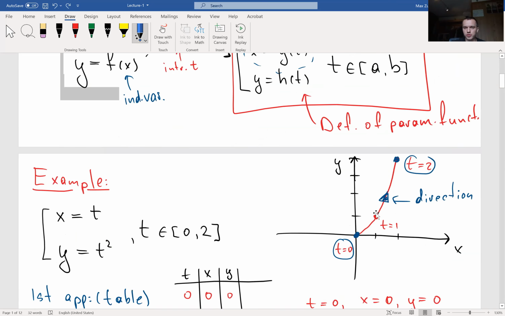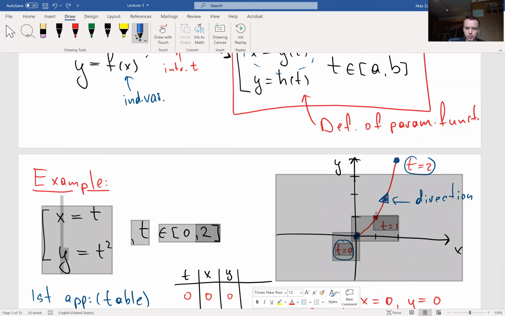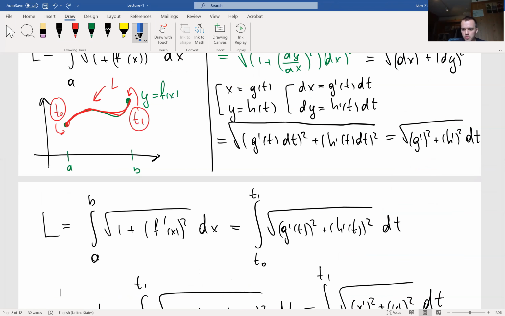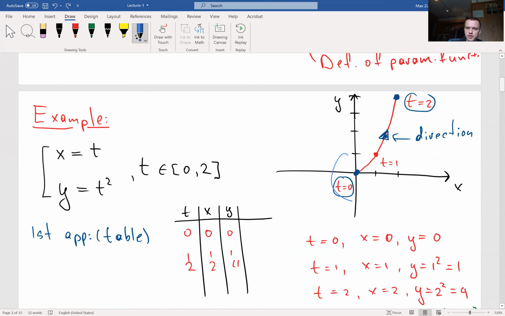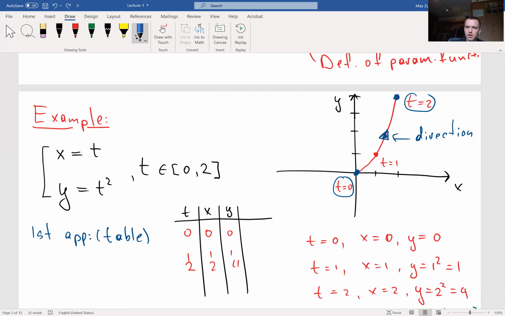So the difference between Cartesian and parametric is that for a parametric equation, now we have an initial point over here, we have an ending point, and also we have a direction.